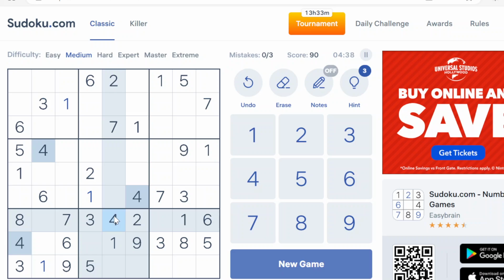Let's see. Okay, number 4. So looking at this, we know that these 2 columns already have the number 4. So for this box, 4 can either be here or here. But we don't currently have enough information to conclude which one it could be in.